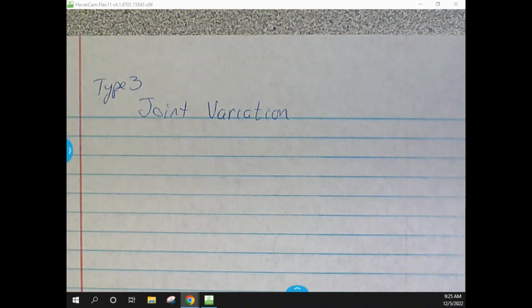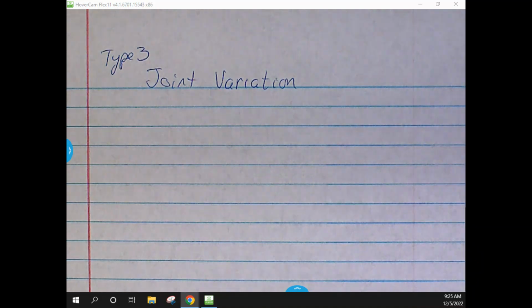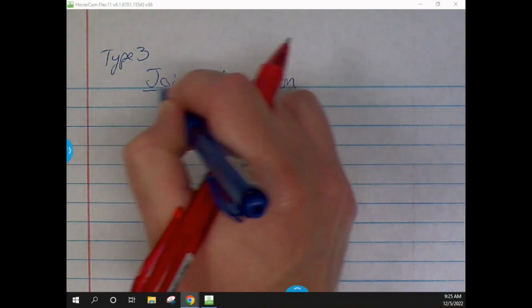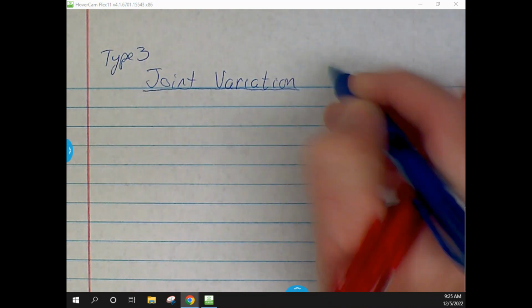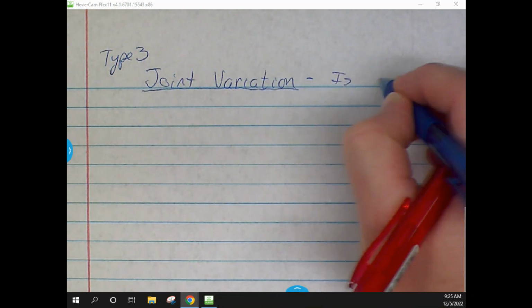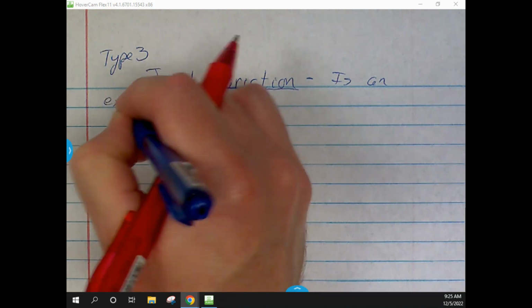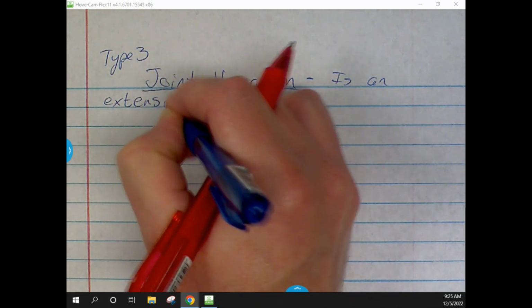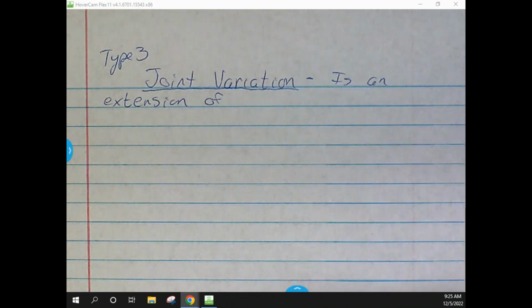All right, so the third type is joint variation. And for this one, it's basically an extension of direct variation.